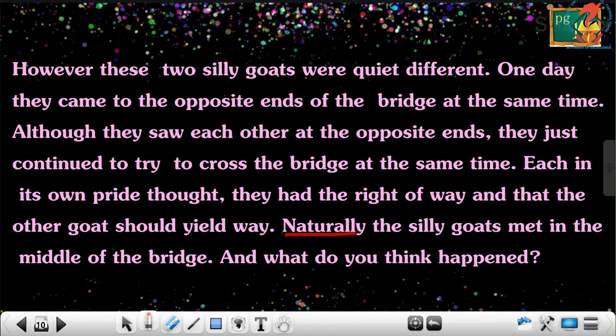Naturally, the silly goats met in the middle of the bridge. And what do you think happened?